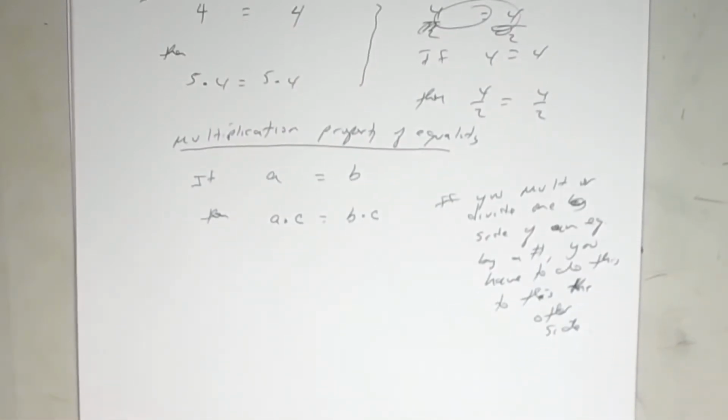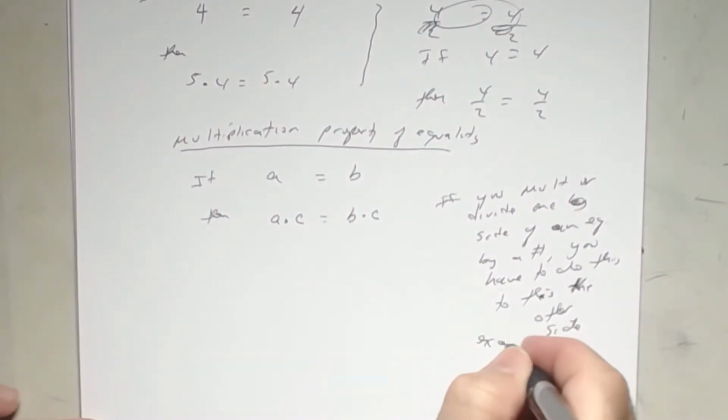All right, so if you multiply or divide one side of the equation by a number, and I've got to be a little bit specific about that number, then you have to do the same to the other side. So you can multiply or divide by any number except 0. You can never use 0.